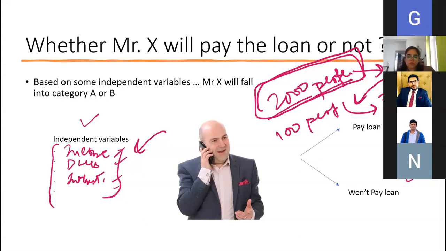So instead of buying 100 coupons, I should buy only 20 coupons and send them only to those people who are going to buy. Or instead of printing say 200 catalogs, I should print only 100 catalogs and send them only to those people who are going to buy my product, right? So that is what discriminant analysis can do.